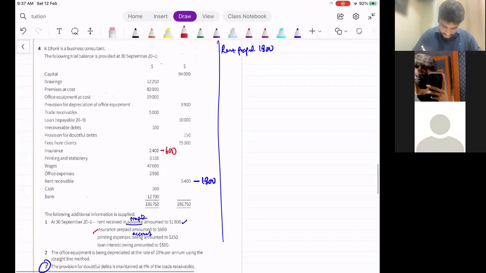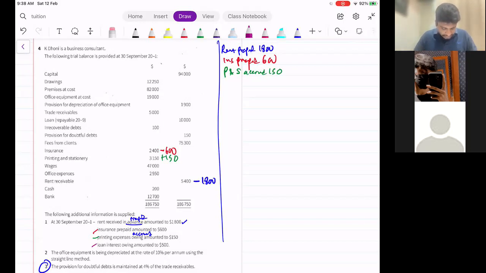Then you write here insurance prepaid 600. After that, printing expenses owing. Owing means accrued. Accrued means plus 150. You cannot write just printing and stationery. You must write printing and stationery accrued. The accrued word must be there. 150.